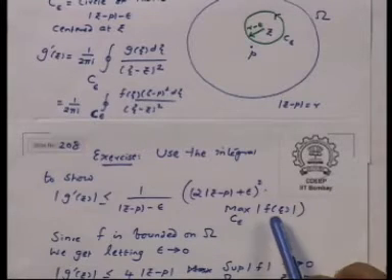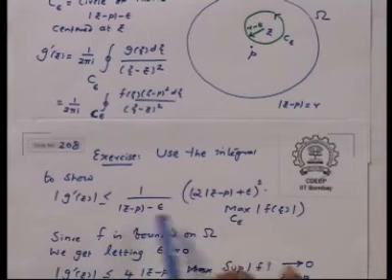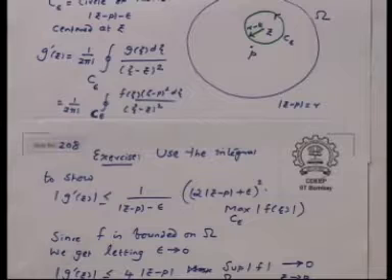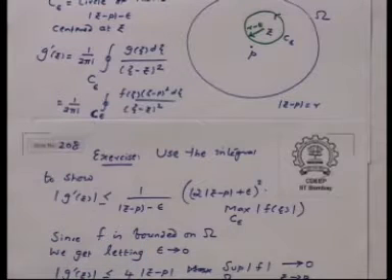So, now f is bounded, no problem. In this inequality, you let epsilon go to 0. The left hand side does not depend upon epsilon, left hand side is just z, there is no epsilon coming here. So, you allow the epsilon to go to 0.